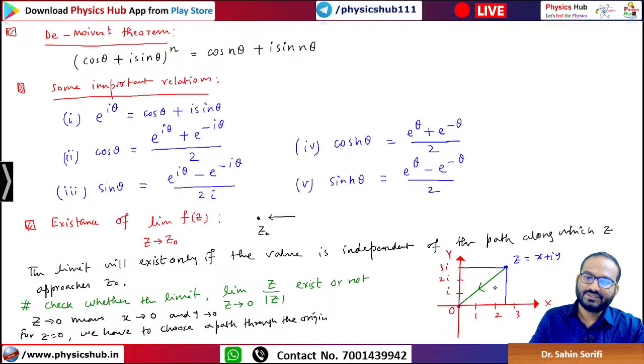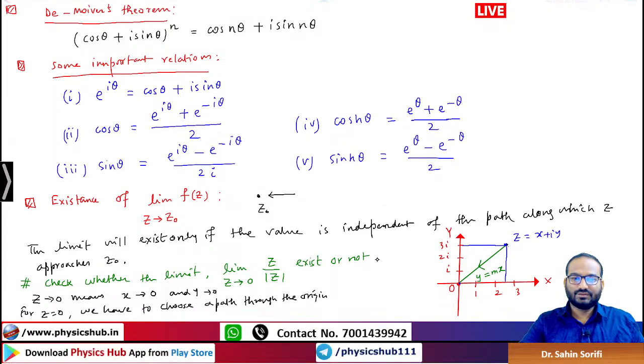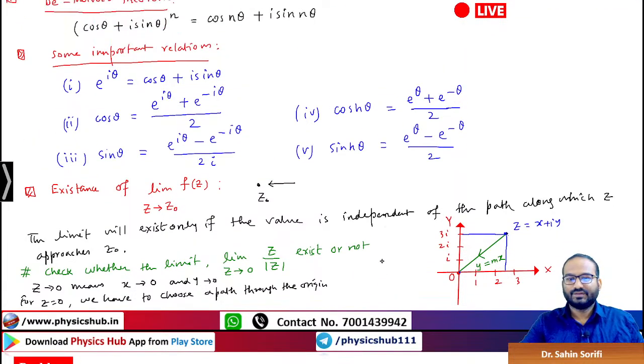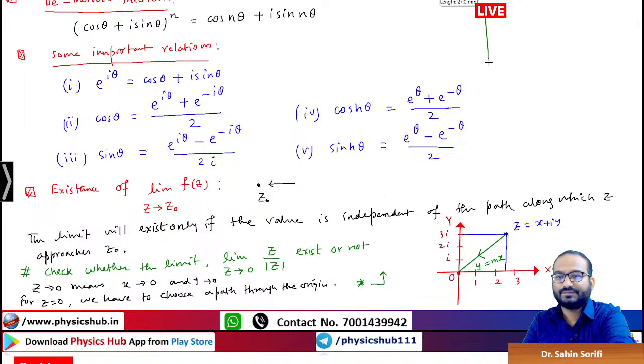So what is the equation of this path? You know, this is a straight line passing through the origin, so this will be given by y equals mx, right? So we don't have space. Where should I write? Okay, let's write it above here.